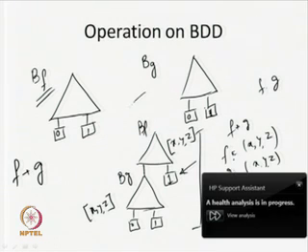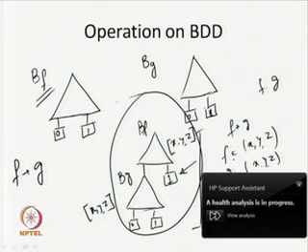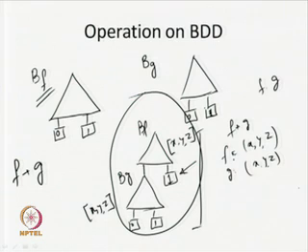But when we construct this particular BDD, what will happen? We are not going to get this ordering of the variables x, y, z, because somewhere here x is appearing and somewhere here also x is appearing. So, in one particular path x appears twice, which is a violation of ordered binary decision diagram.